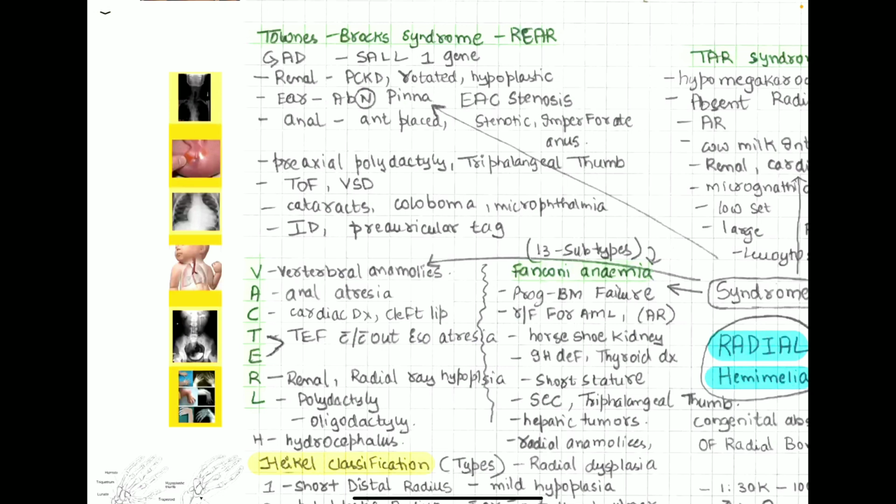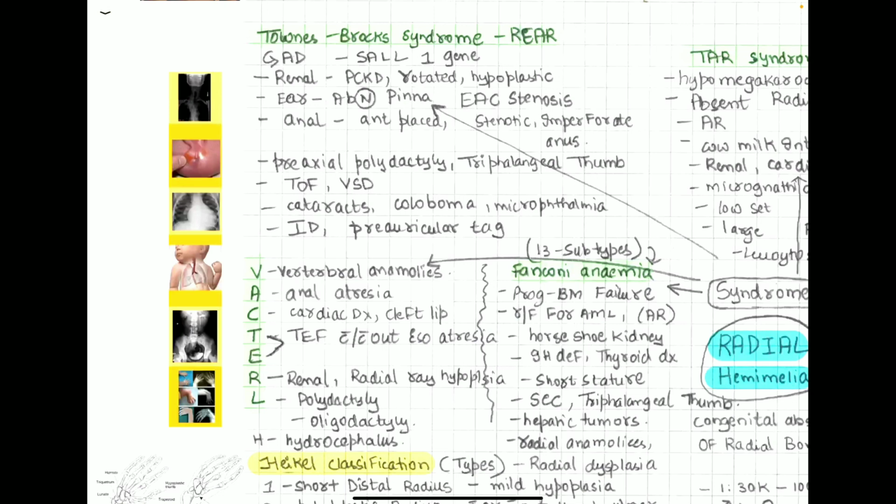Because external auditory canal stenosis happens, one has to treat hearing loss. A lot of patients have renal anomalies. There can be early onset ESRD, end stage kidney disease, so renal transplant must be done in such patients, and surgical correction of congenital heart disease must be done.